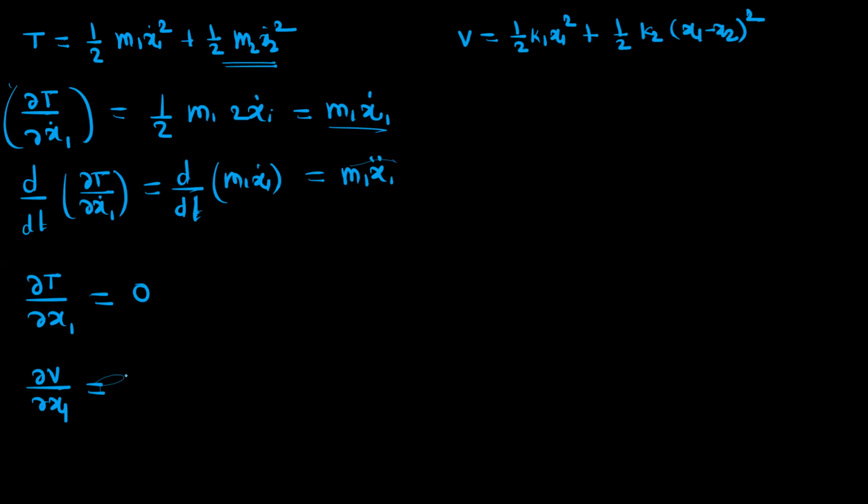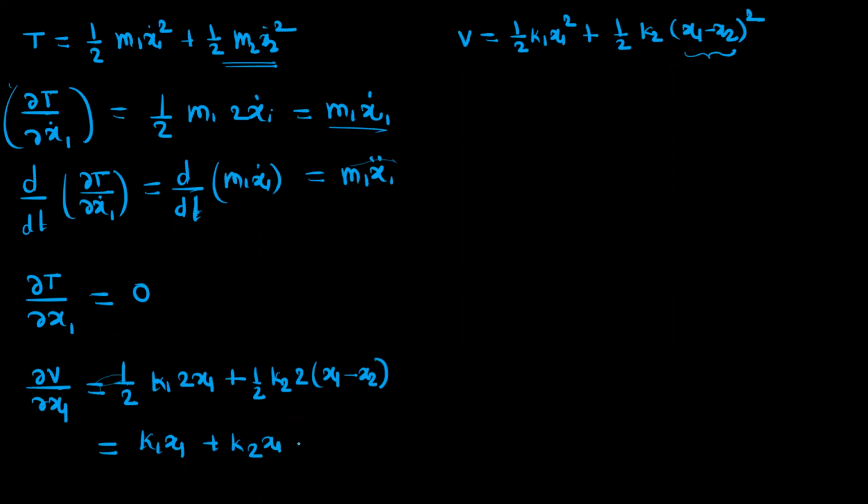With respect to x1, this is 1 by 2 k1 times 2 x1, plus 1 by 2 k2 times 2 times x1 minus x2, and differentiating x1 minus x2 again gives 1 only. So this is equal to k1 x1 plus k2 x1 minus k2 x2.